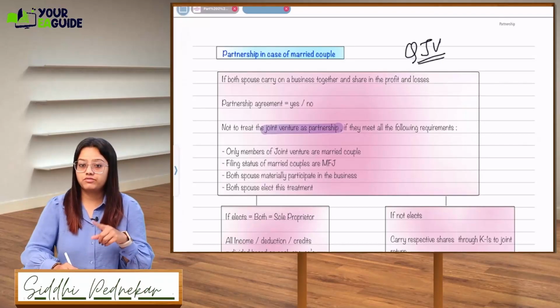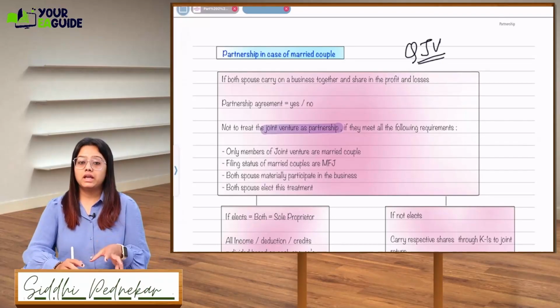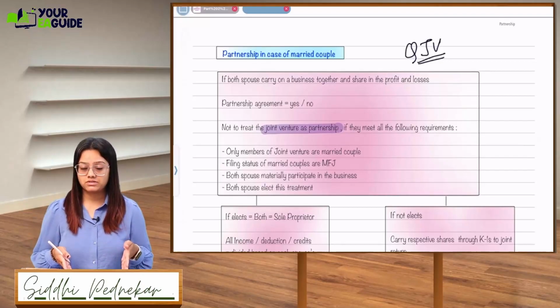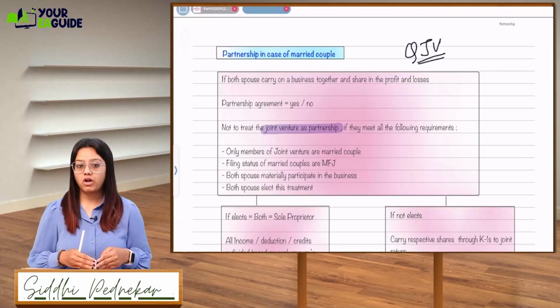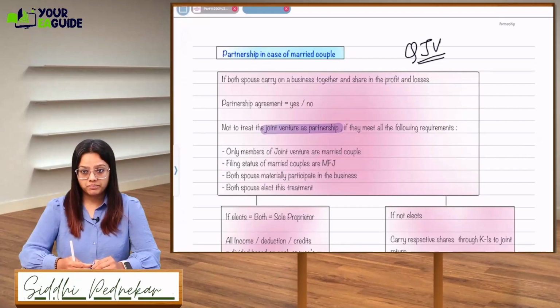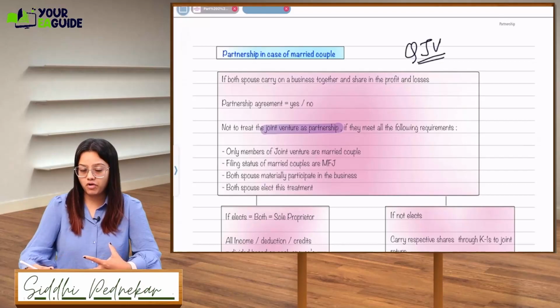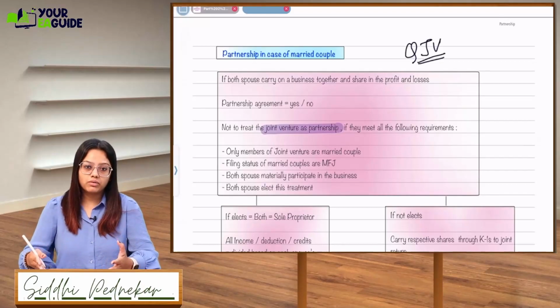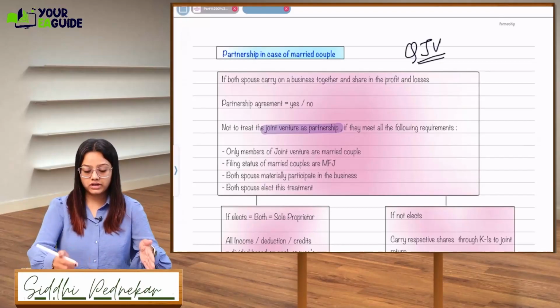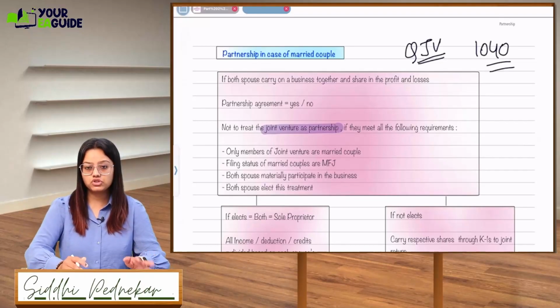This we have done in the first session previous day, that in case husband and wife are running a business, they will be by default called a partnership firm. But they don't want to go into all the legalities, they don't want to file a 1065 form, they want to just include that whole business in Schedule C on the 1040 return, right, as an individual filer.